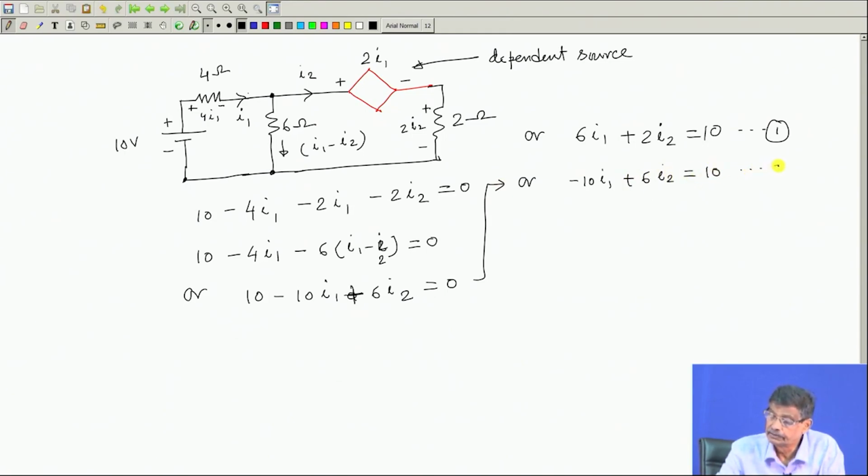This equation I am writing here. This is equation 2. Therefore, I will be able to solve these two equations.